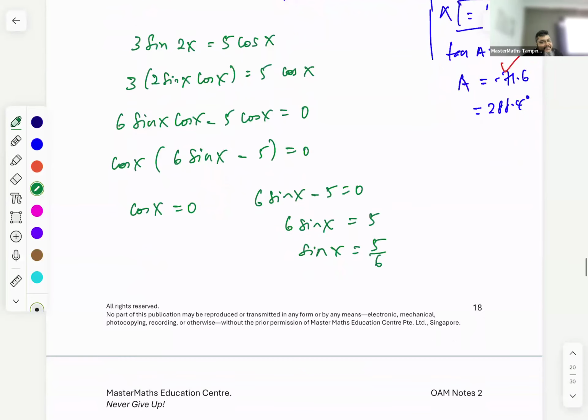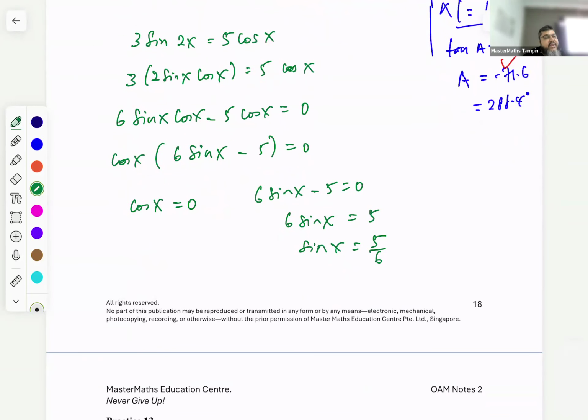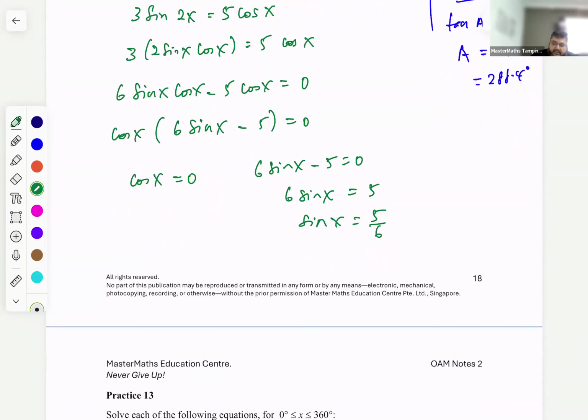I don't have a calculator, so I want the answers given. For cos x equal to 0, x we have pi over 2, all right? And you have 3 over 2 pi. Am I right? Not 270 degrees. And for 5 over 6, I don't think you can leave it in terms of pi. Give me the answer.